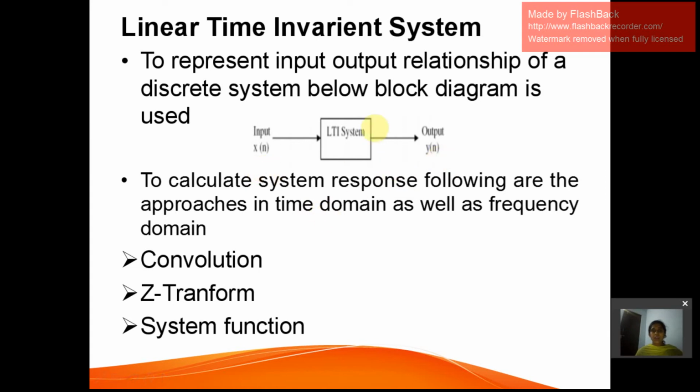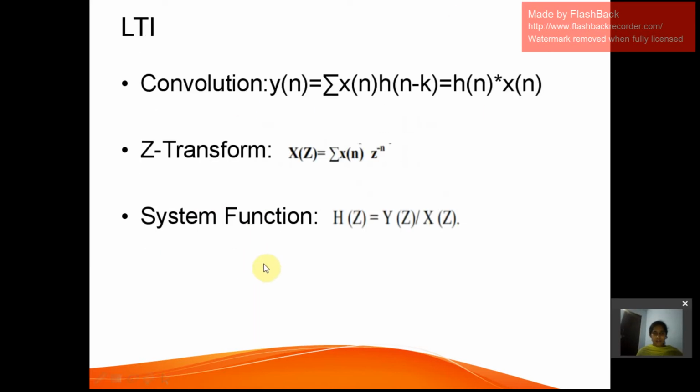In order to get this system response, we have two approaches: the time domain approach and the frequency domain approach. One of the approaches we are discussing here is convolution.